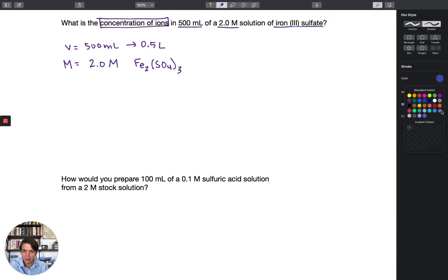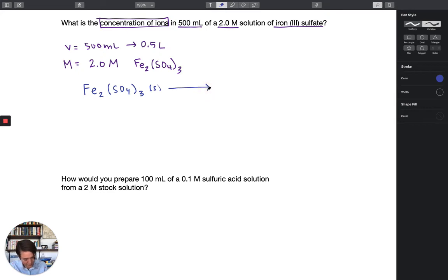Ionic compounds, there are some exceptions which we will learn about in our next lecture, but ionic compounds generally dissociate in water. This one does. So Fe2(SO4)3 is a solid, and it's placed into water.